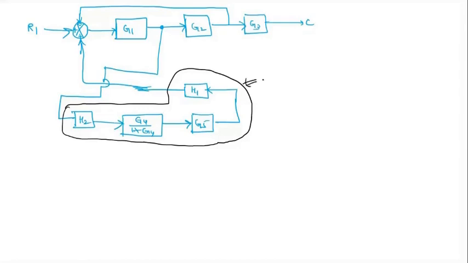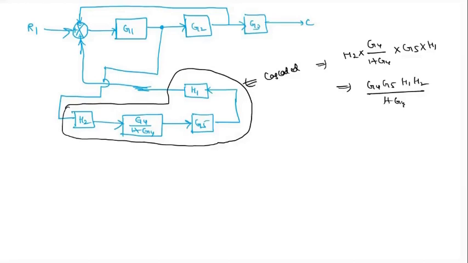So if the four are cascaded, the resultant is H2 into G4 by 1 plus G4 into G5 into H1. So finally it may be written as G4, G5, H1, H2 by 1 plus G4. That is the thing. It is written directly.